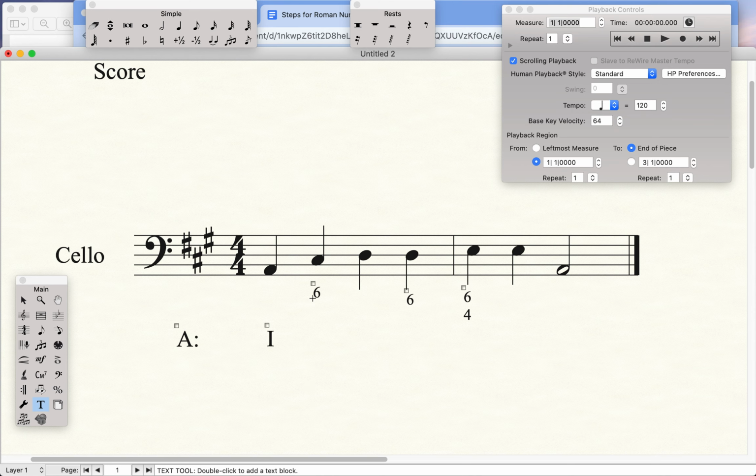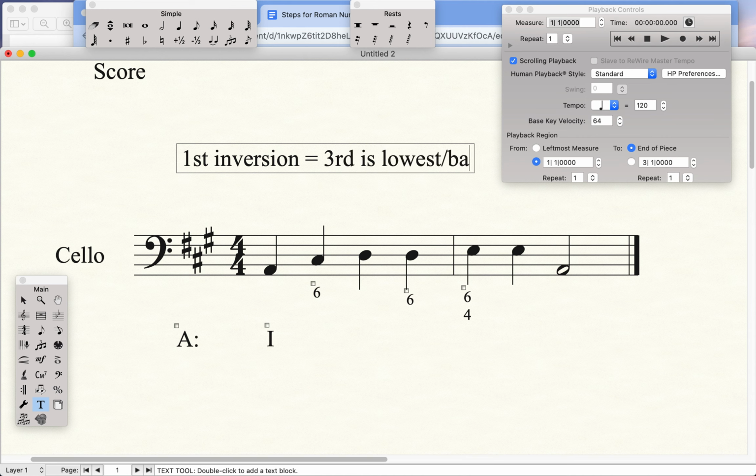Alright, second chord here. This is a C sharp. I know it is the lowest note in the chord. This little 6 here is telling me that this chord is in first inversion. And if you remember, first inversion means the third is the lowest bass note.